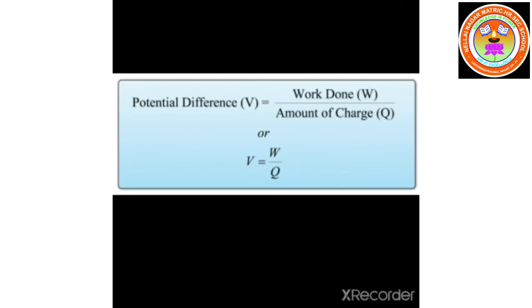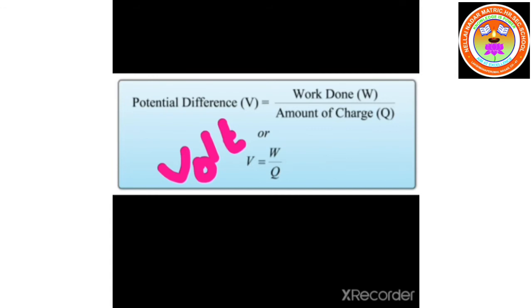Now, what are the units we have? Let me discuss the SI unit of electric potential. Electric potential and potential difference are the same. The SI unit of electric potential is the volt. The potential difference between two points is 1 volt if 1 joule of work is done in moving 1 coulomb of charge from one point to another against the electric force.